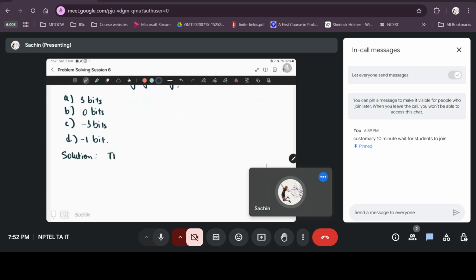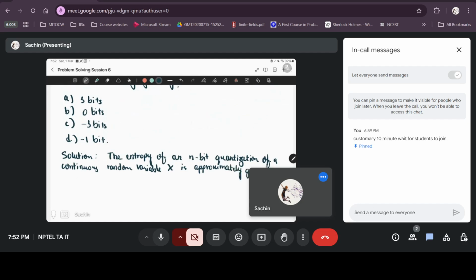We have the entropy of an n-bit quantization of a continuous random variable X is approximately given as h of x plus n bits.